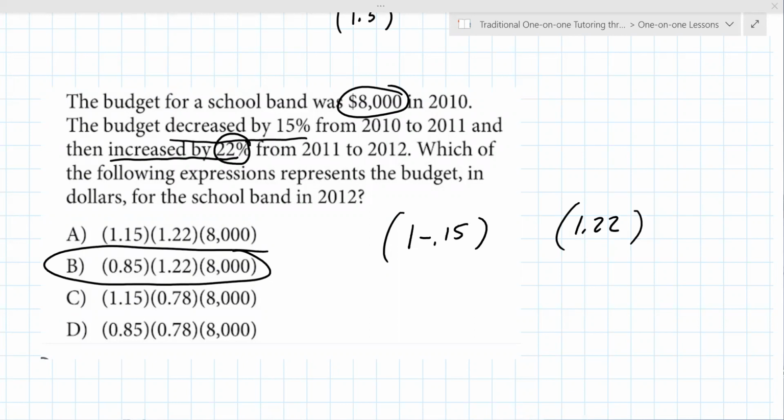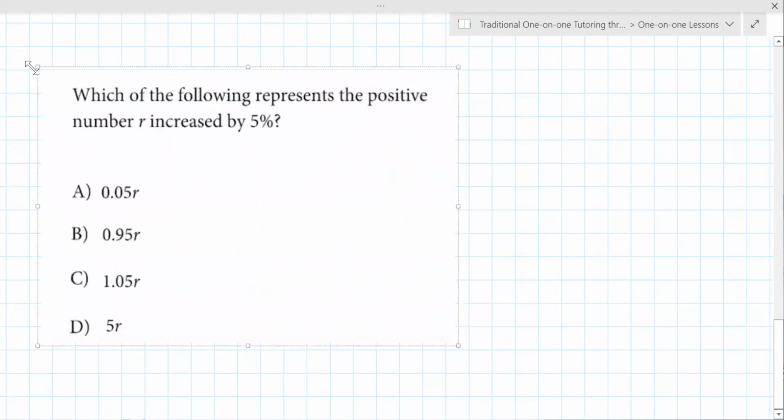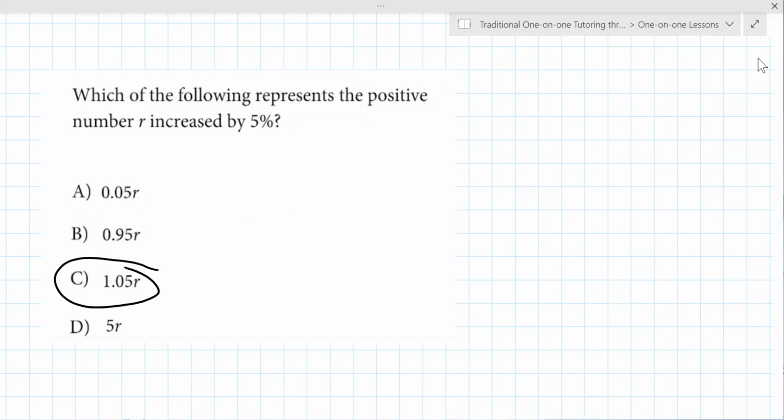All right. So here we go. Here's another question. Go ahead and work that out on your own, please. It should be C, right? Which one? C. Yes. Got another one here like this.